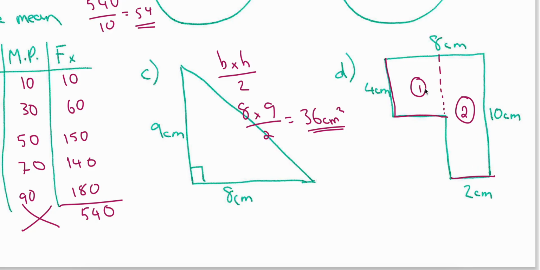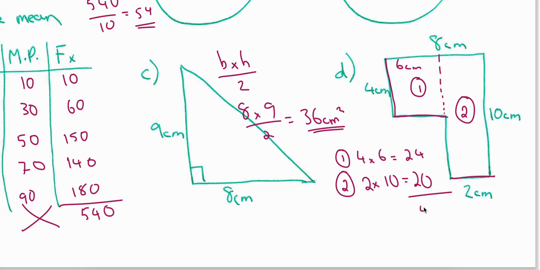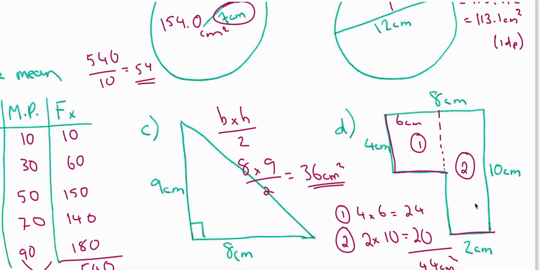This length here is 2, so it's going to be 6 centimetres. So shape 1 is going to be 4 by 6, which is 24. And then shape 2 is just 2 by 10, which is 20. So my total area is 44 centimetres squared. That's called a compound or a composite shape, a shape made up of 2 different shapes.